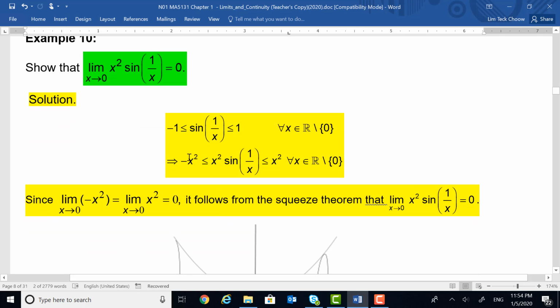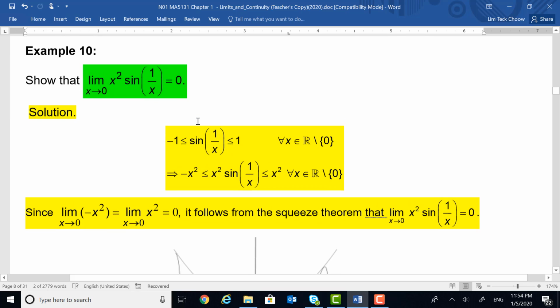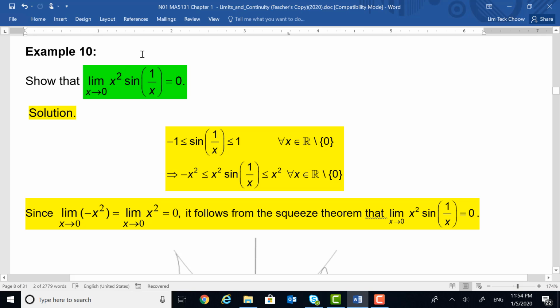What you know is that for minus x squared, when x goes to 0, and for x squared, when x goes to 0, both the limit of the function on the left and the function on the right go towards 0. And when that happens, the squeeze theorem says the central function will also be squeezed towards 0. So by the simple use of the squeeze theorem, we are able to evaluate the limit of this somewhat complicated function that the earlier results and theorems cannot help you with.